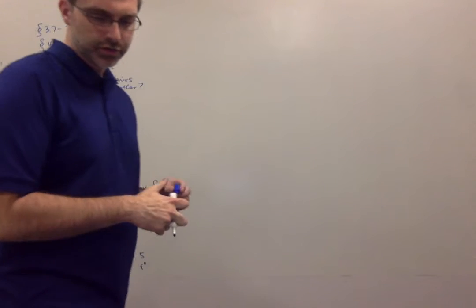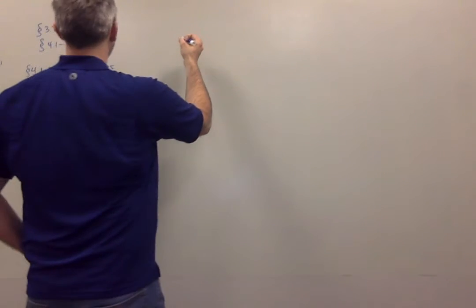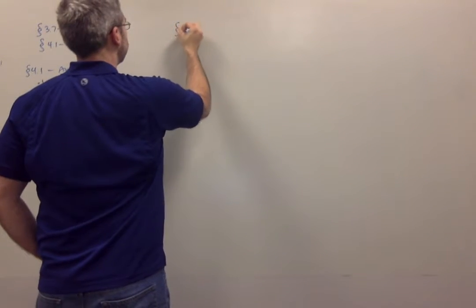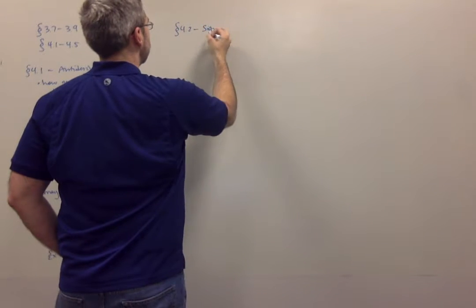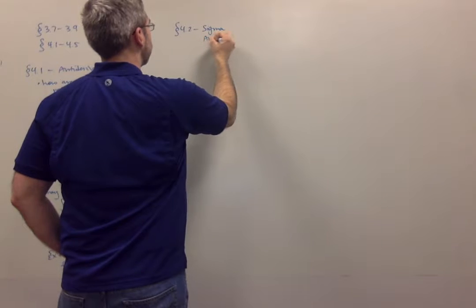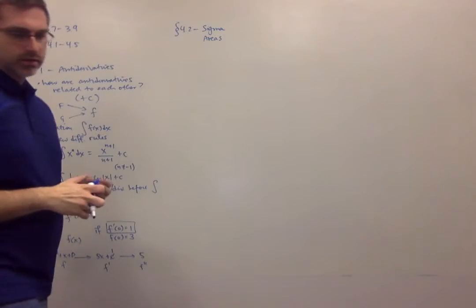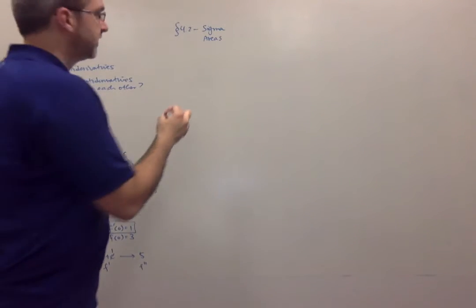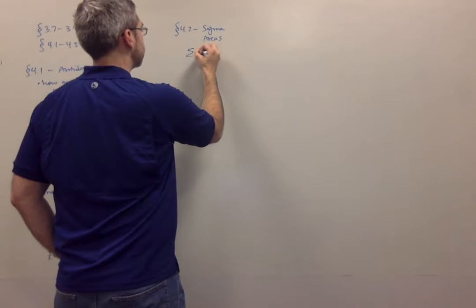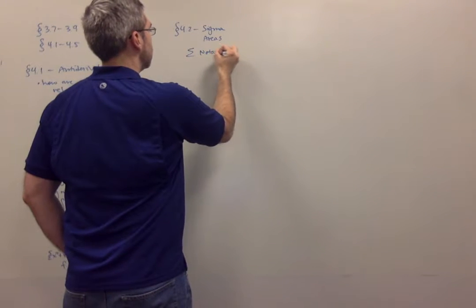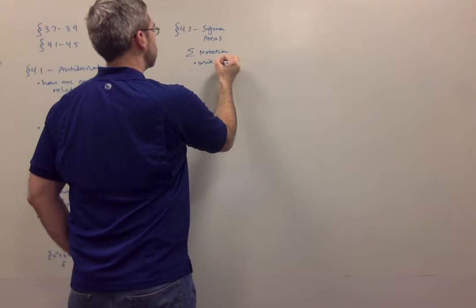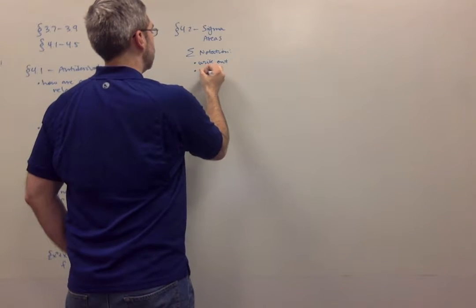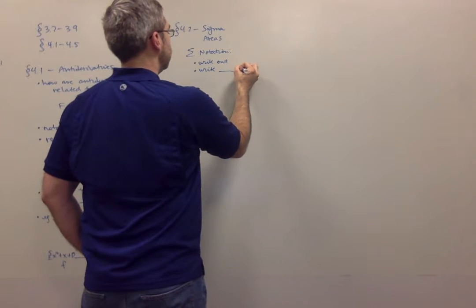Section 4.2. This is where we get into our fun sigma notation and areas. Under sigma notation, I would expect you to be able to write something in sigma notation.